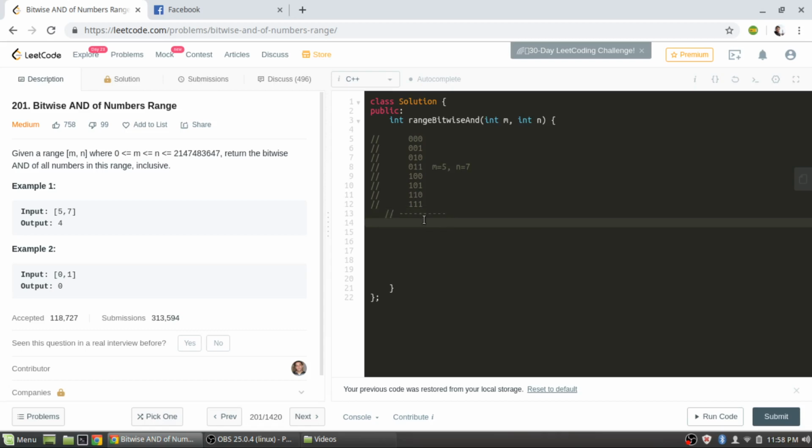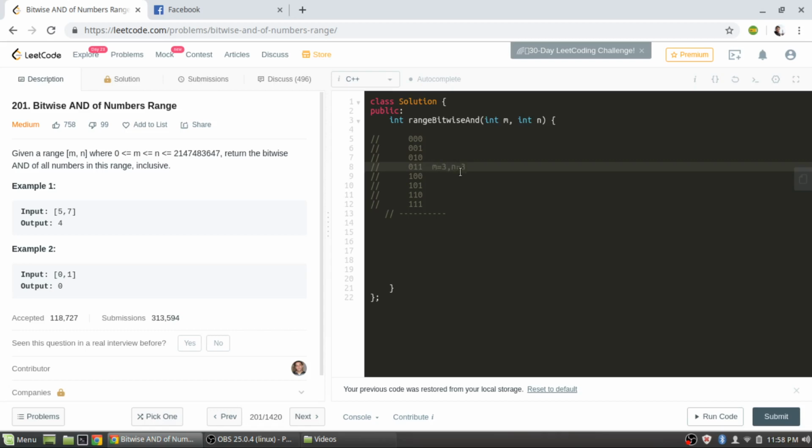One thing you can observe is that if the difference of m and n is 1 or 2, then we'll get 0 in the 0th column. Let's say m equals 3 and n equals 3.